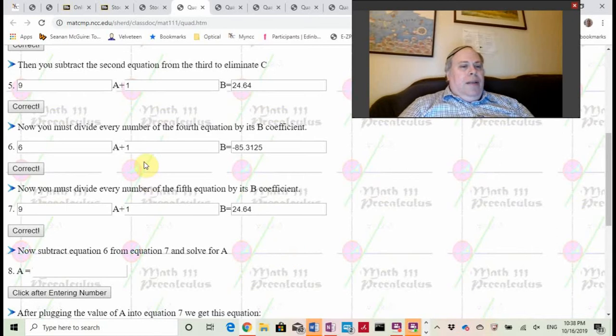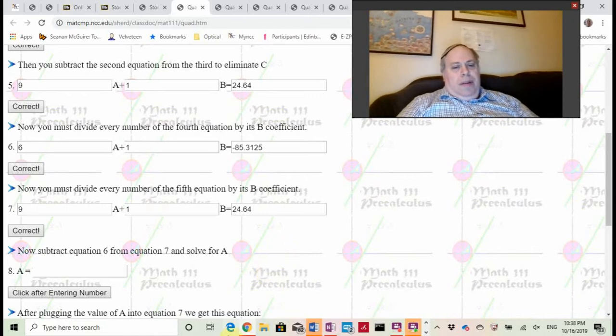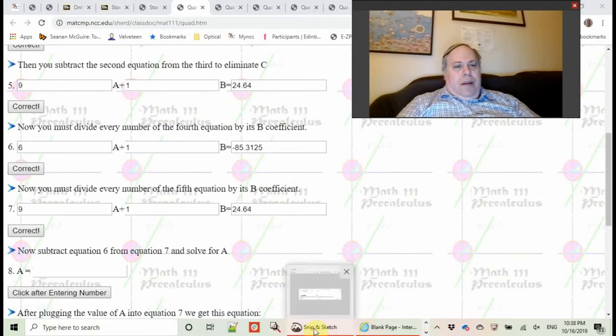That's going to give me 3a equals 109. Rather than trying to do this one in my head, because that's a really bad idea, I'm going to copy this into the notes.